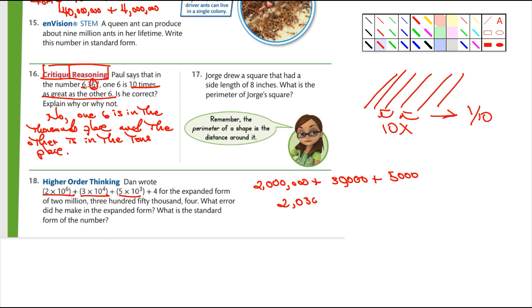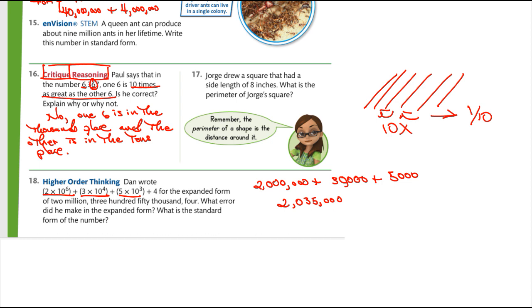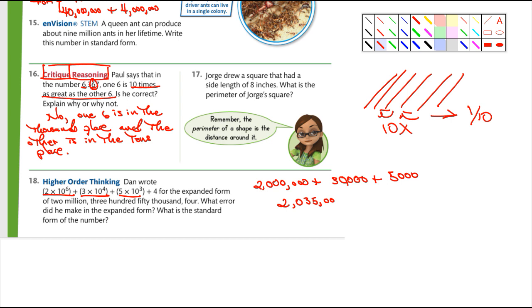Whoops, that 30 looks like a 5. That's a terrible looking 5. We're going to do that over. 5,000. Okay. Oh, forgot, plus 4. There we go. I think I have it right now.